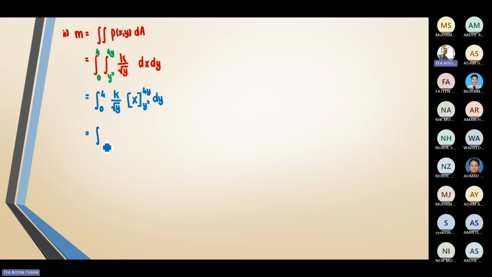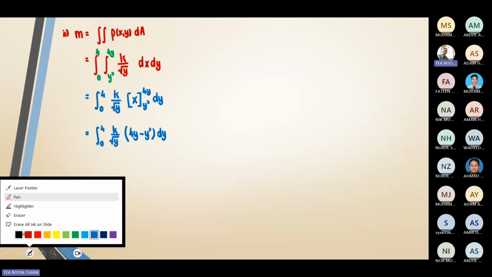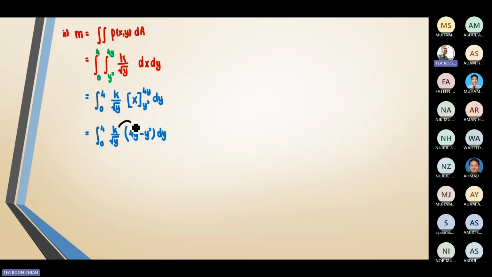So substitute the upper limit 4y and the lower limit y squared. This gives you, from 0 to 4, k over square root of y times 4y minus y squared. Now, be careful. You have variable y outside here. Please distribute into it, open the bracket.